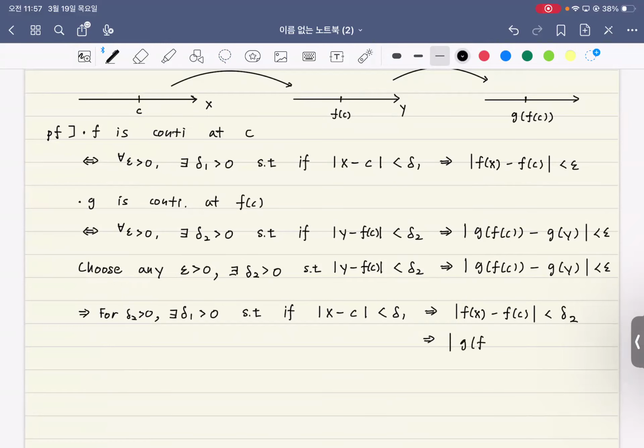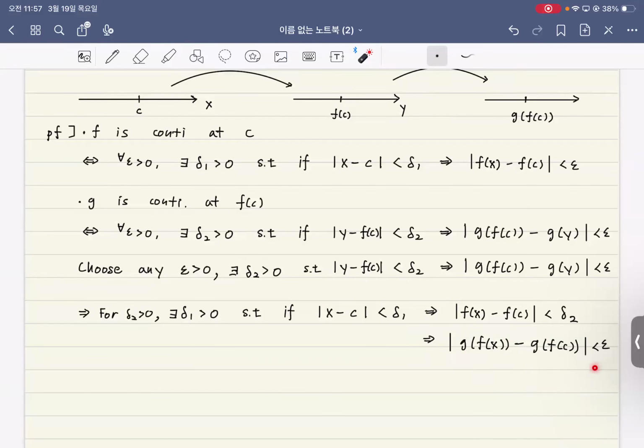Then |g(f(x)) minus g(f(c))| is less than epsilon because of this, right? So for any epsilon, I could find a delta 1, and if x and c differ by less than delta 1, then this minus this is less than epsilon.